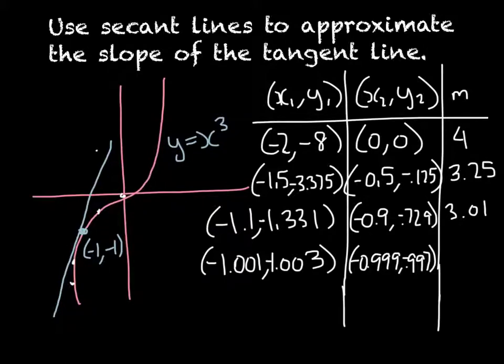So if we want to find the slope between these points, we end up with a 3.00001. So if we were to guess the slope of the tangent line at -1, -1, 3 would be a pretty good choice.